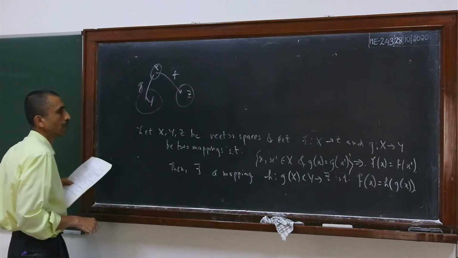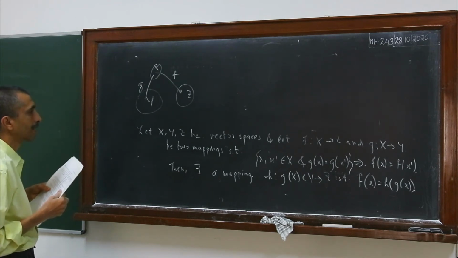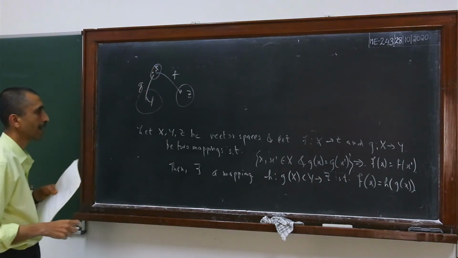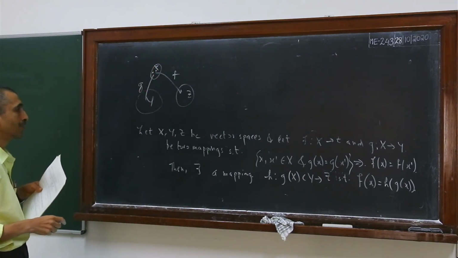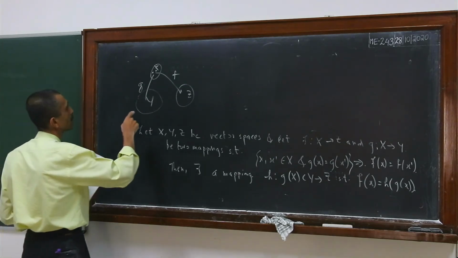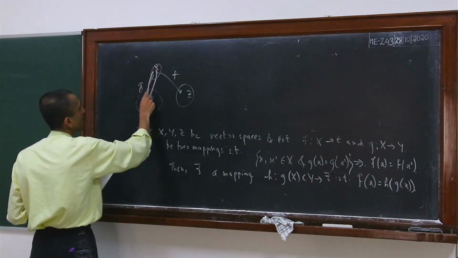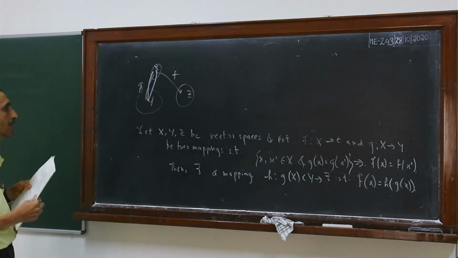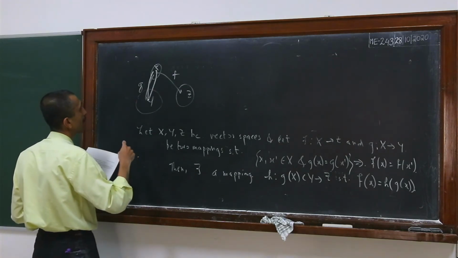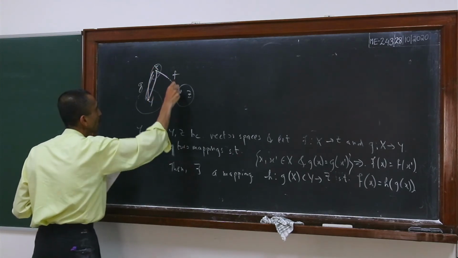Then we say that if we take two different elements x and x prime of X, and if g of x equal to g of x prime implies that f of x equal to f of x prime. So now this is your mapping here.